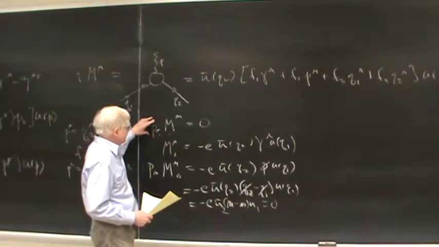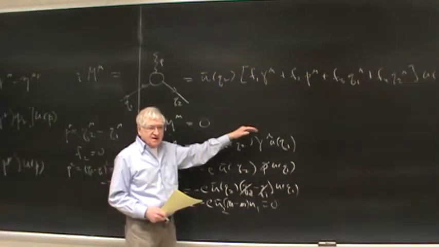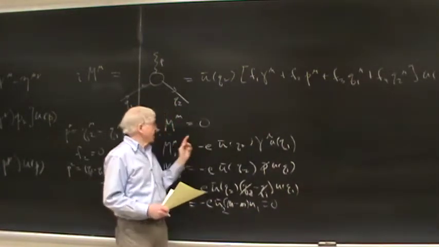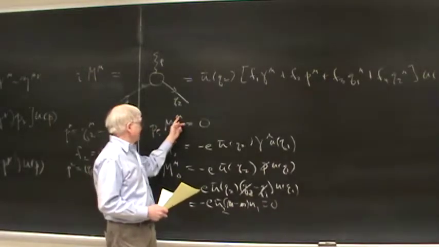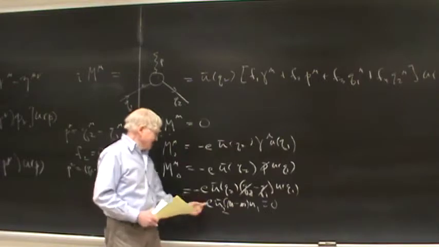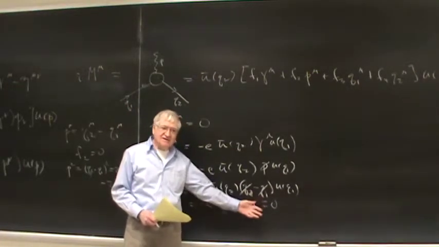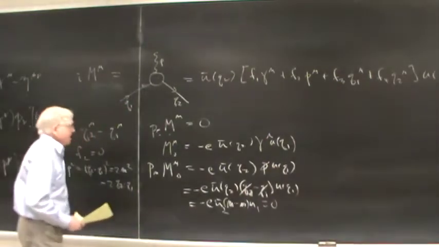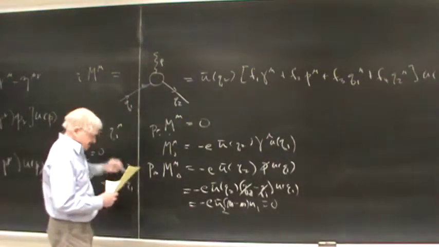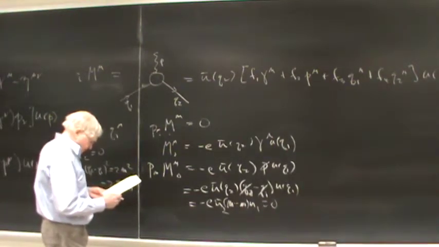Instead, what he has is p_μ M^μ with a bunch of suffixes equals a difference of two terms without the μ. And that's sort of what we're having here, a difference of two without the μ, and you get 0. In any event, let us just take this and go on.